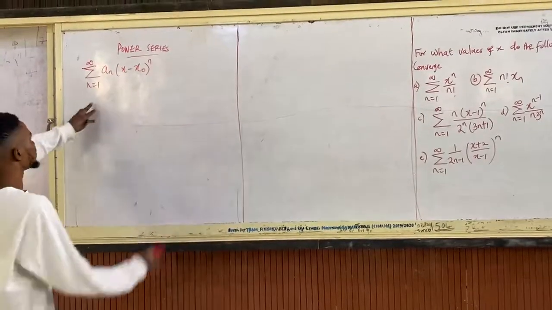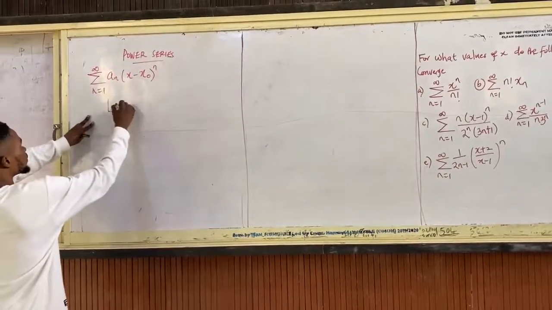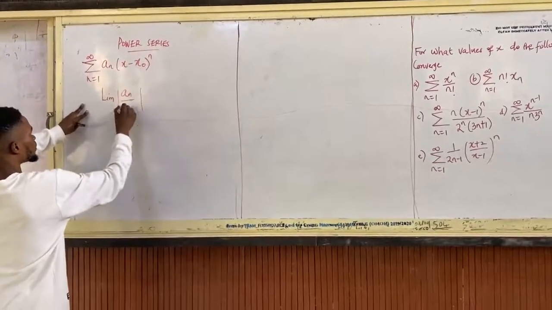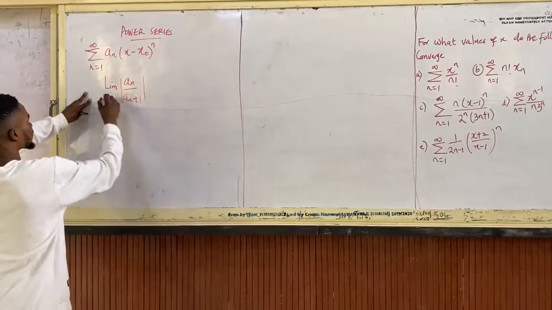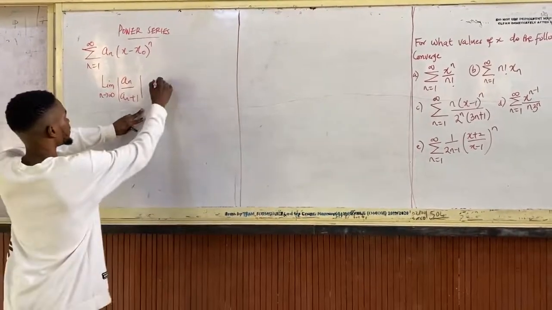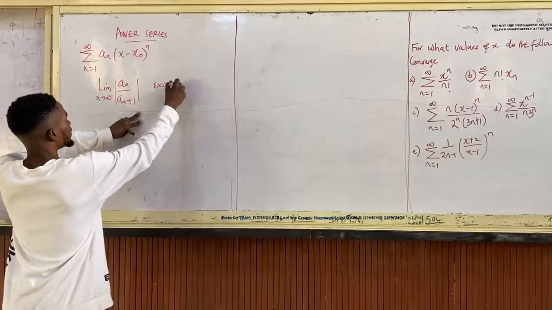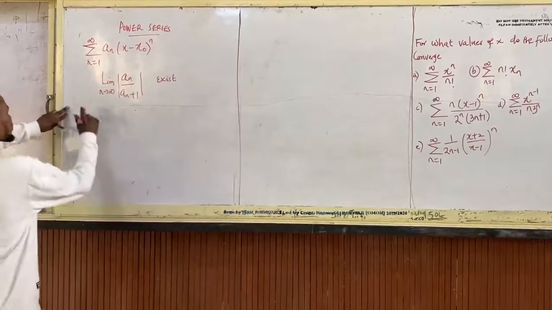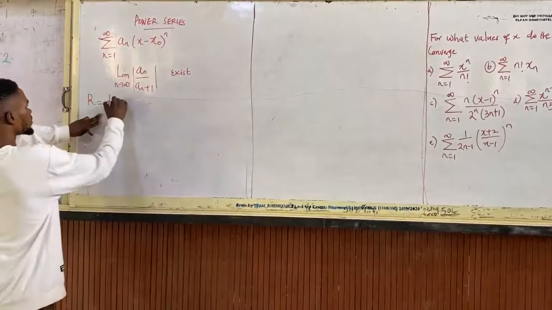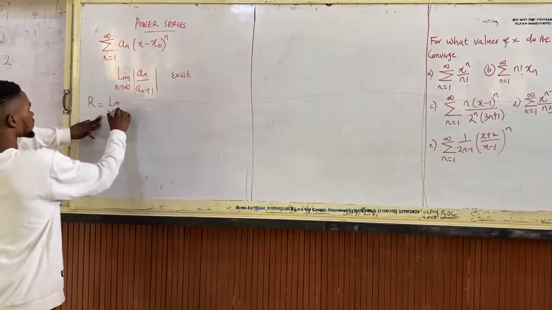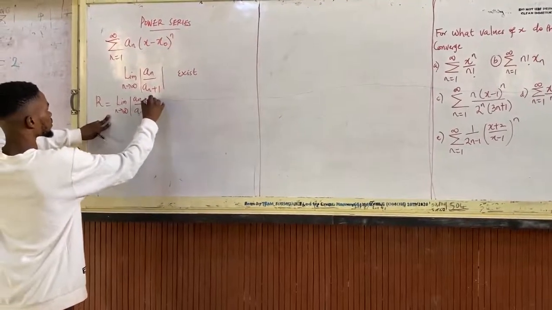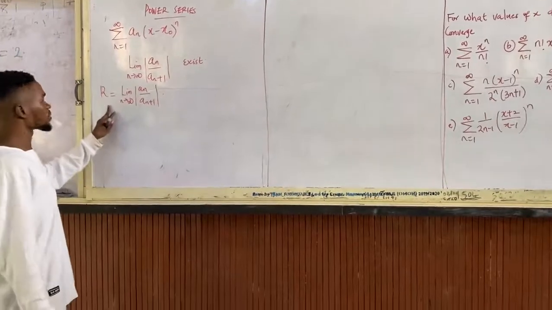Now, if the limit of an over an plus 1, as n tends to infinity, exists, then the radius of convergence is equal to the limit of this an over an plus 1. That is the radius of convergence.